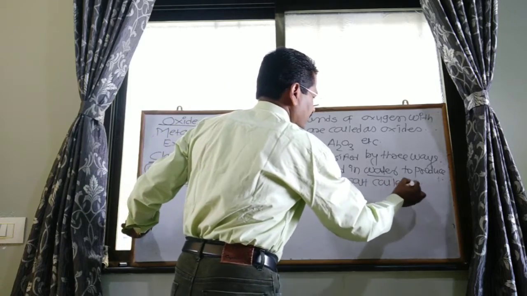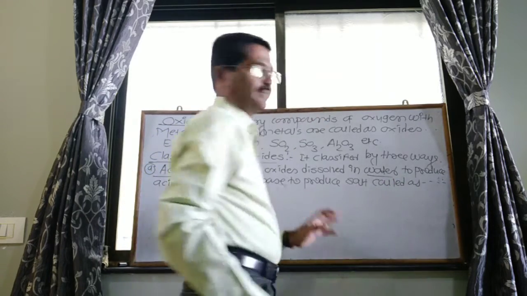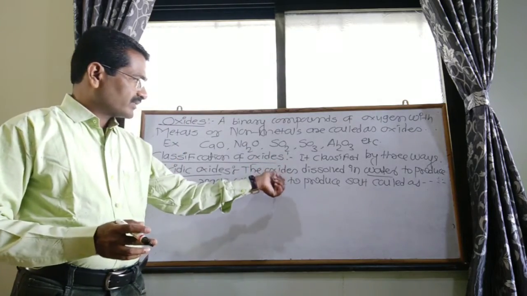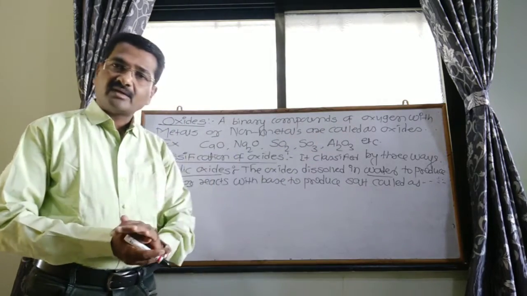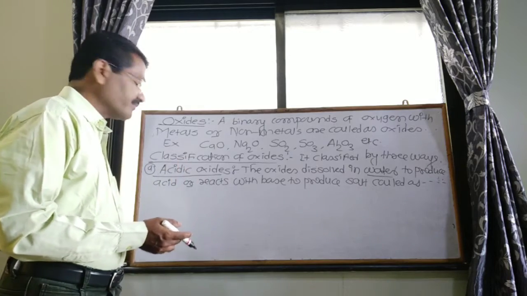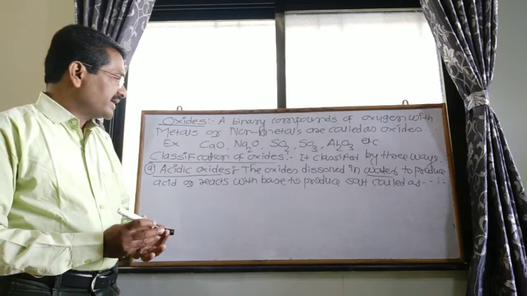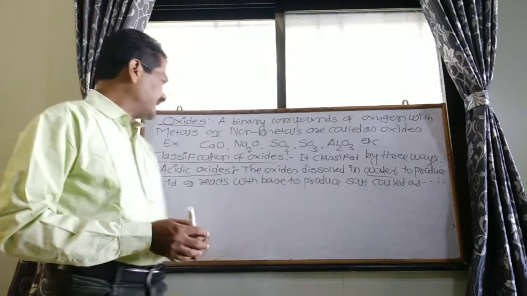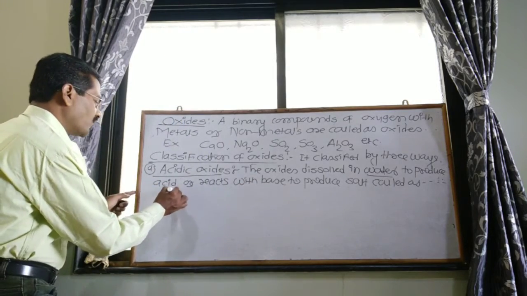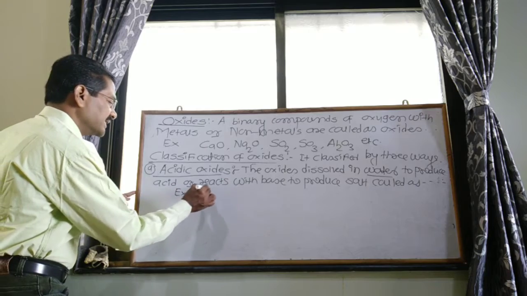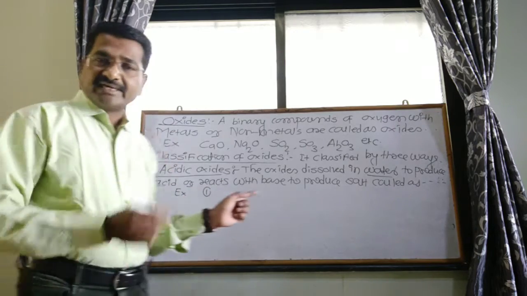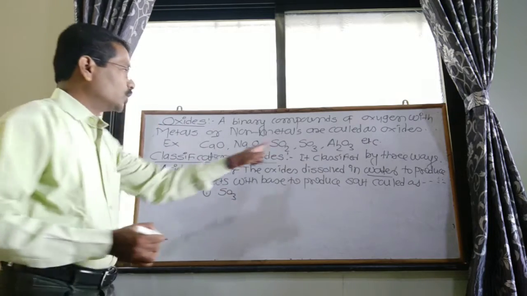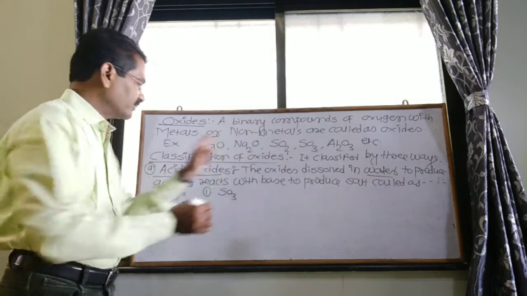The oxides dissolved in water to produce acid or reacting with base to produce salt are called acidic oxides.